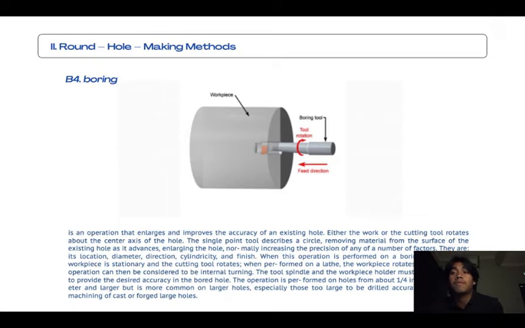The operation is performed on holes from about 1/4 inch or 6 mm in diameter and larger, but is more common for larger holes, especially those too large to be drilled accurately, and for the machining of cast or forged large holes.